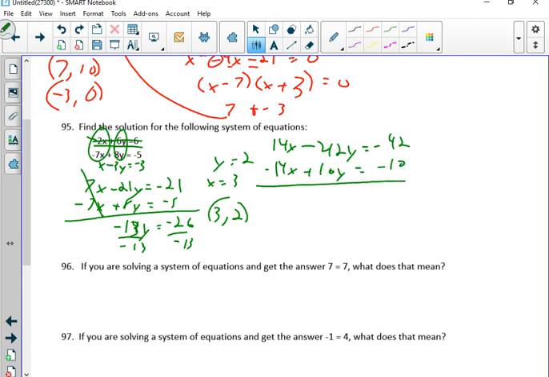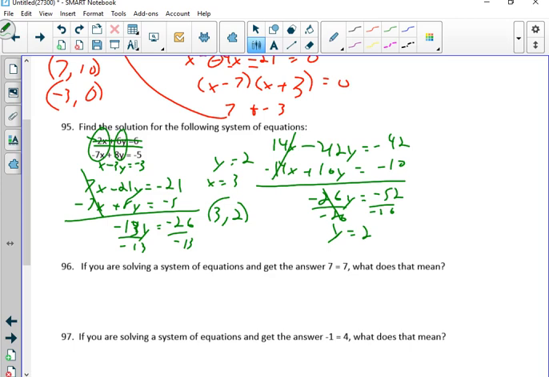This looks much better. Cancel. This is going to give me negative 26y equals negative 52. Divide by negative 26. And y is 2 again. Which I again would plug in and solve for 3.